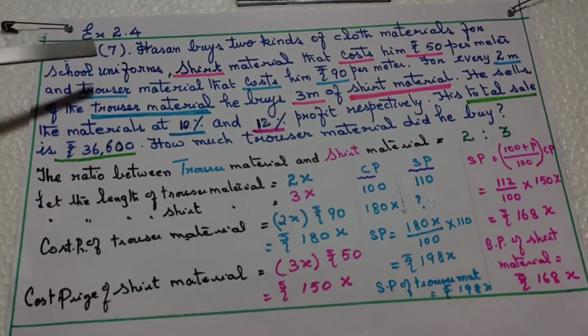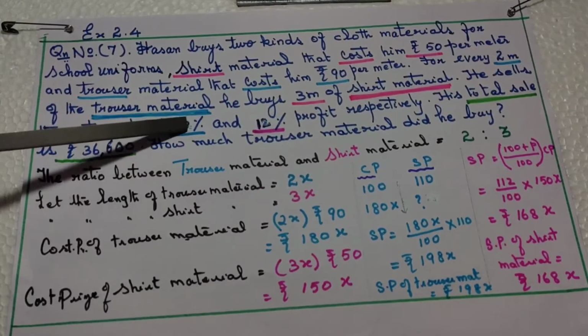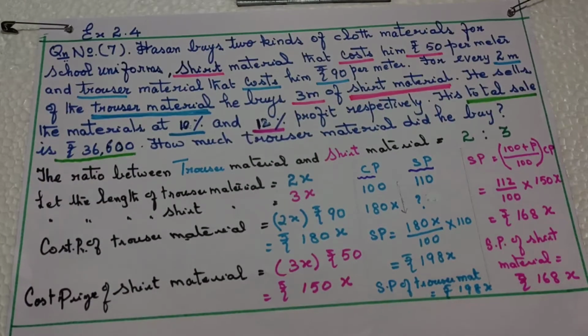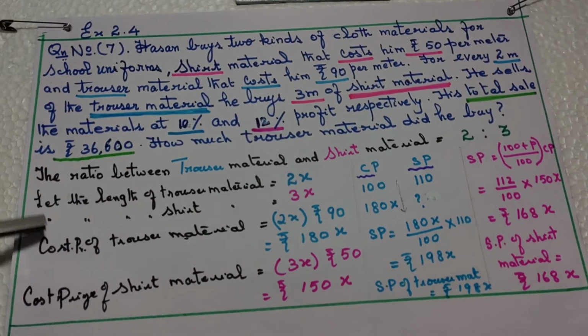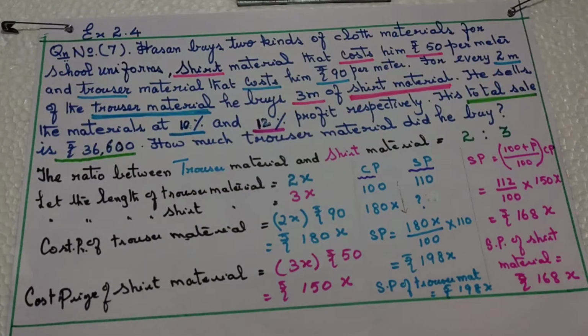So now, trouser material he is selling at 10% profit and shirt material he is selling at 12% profit. Now, to find the selling price of the materials, when we know the cost price and the profit, there are 2 ways to solve.